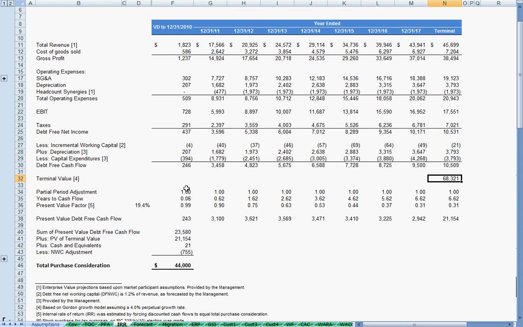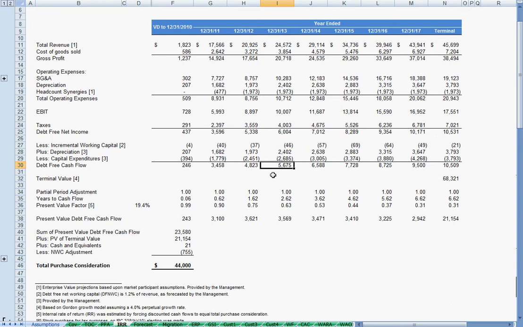In other words, all those individual forecasted cash flows are assumed to arrive in the middle of the period. If we look here at the year 2013 free cash flows, this $5,675,000 arrives in the client's bank account on June 30th.